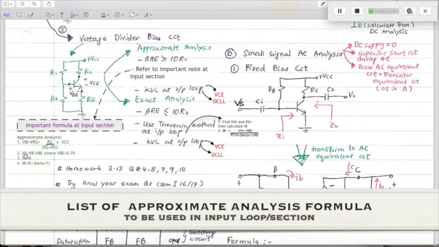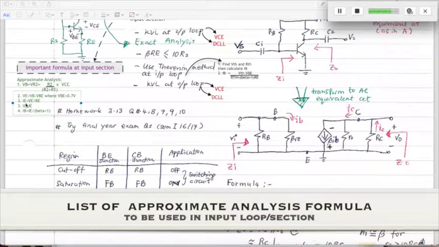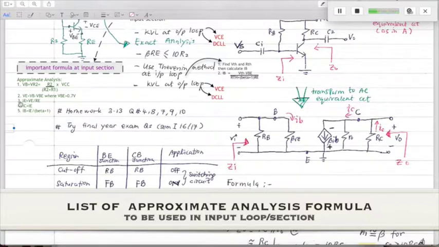From VE, you can get IE. How to get IE? IE is VE over RE. Maybe I need to write it down so that you will not get confused. Okay, I have added another equation here; this one is supposed to be number 4 and 5. The third formula is to calculate IE, which you get from VE over RE.